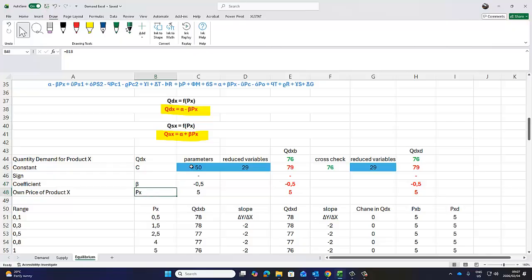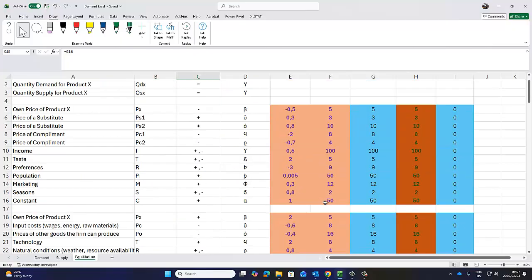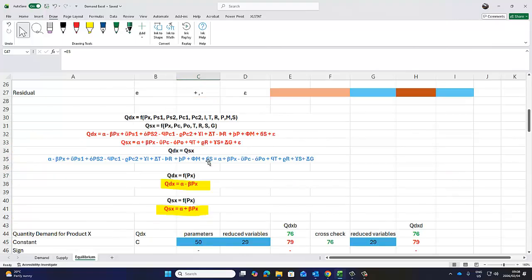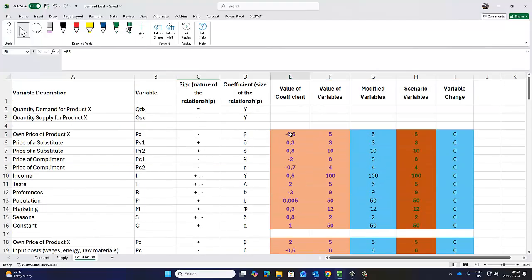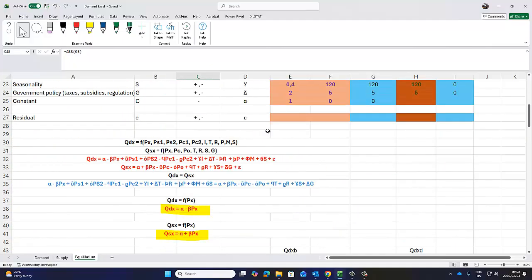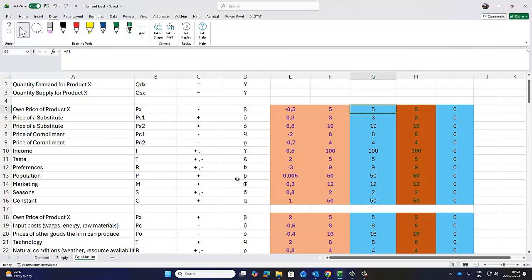What is my constant? 50. There's my constant, which is 50. And my minus sign, that sign there. What is my coefficient? Minus 0.5. That's my coefficient, minus 0.5. And what is my price? My price is 5. That's the price of 5.